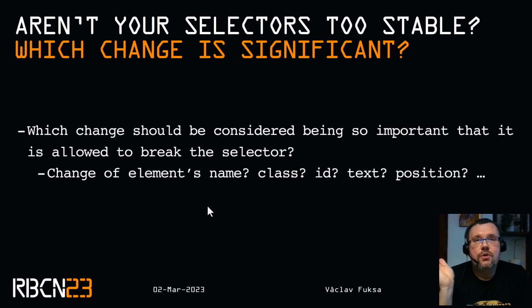Is it the change of the element's name, of its class or classes, or its ID, or is the text the most significant part, or is it the position in the document object model, or is it their combination, or is it something else? We have to admit that as automation testers, we often don't know. We might have a fair guess, but we are not the test designers.